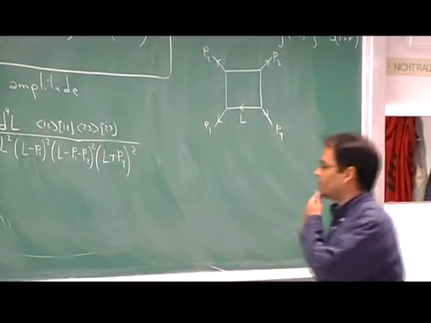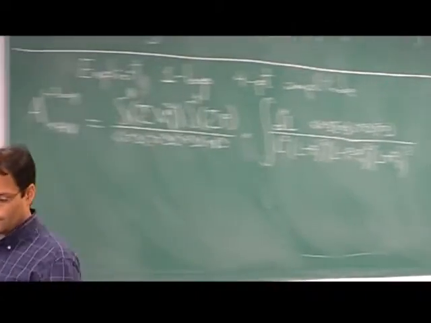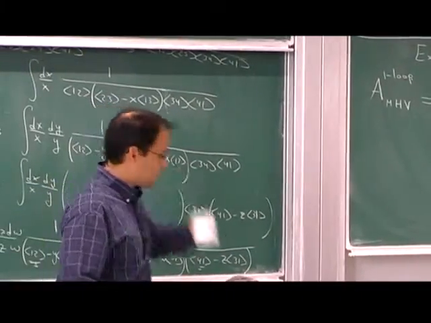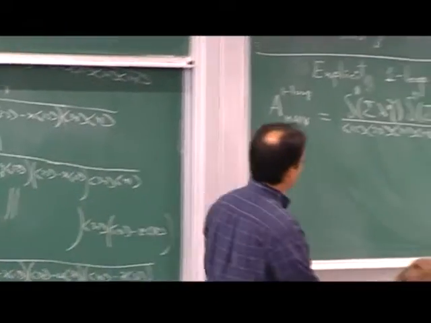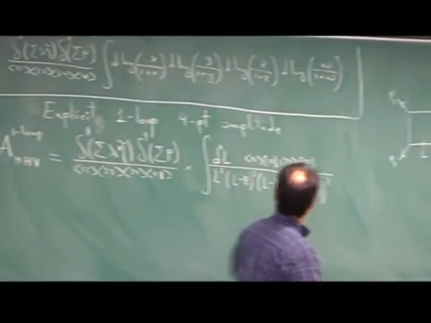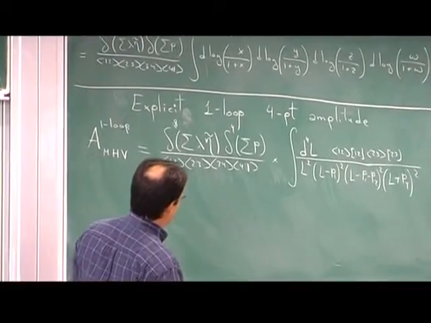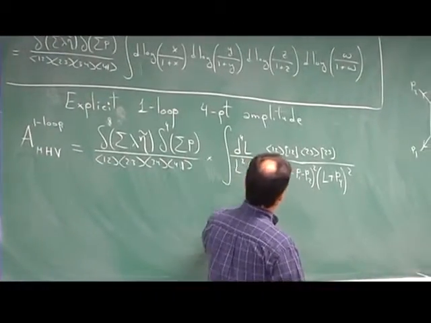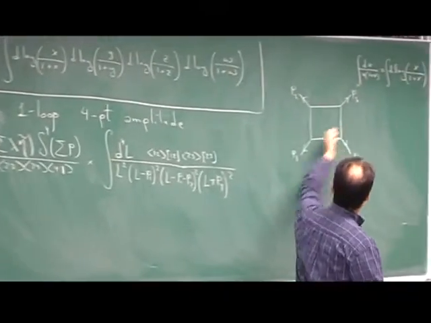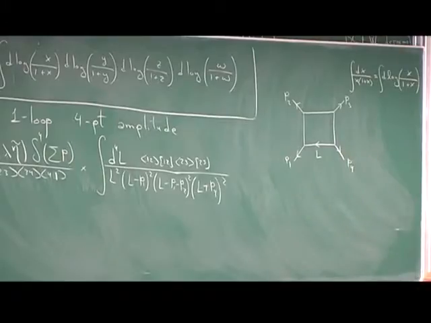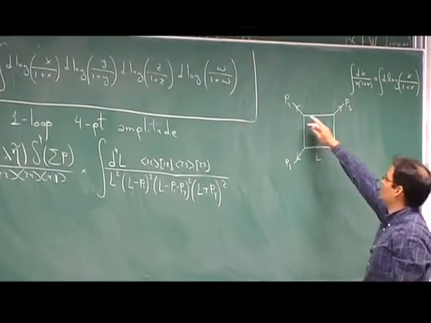Very good. So what do I want to do? Well, I want to use a little trick. I want to rewrite this as the diagram is telling me to. I don't want to solve for momentum conservation.